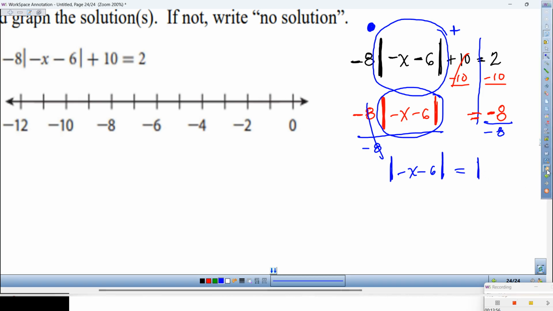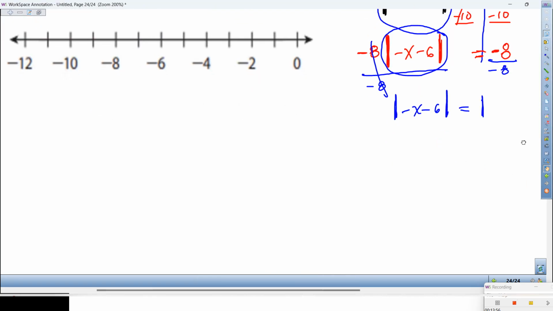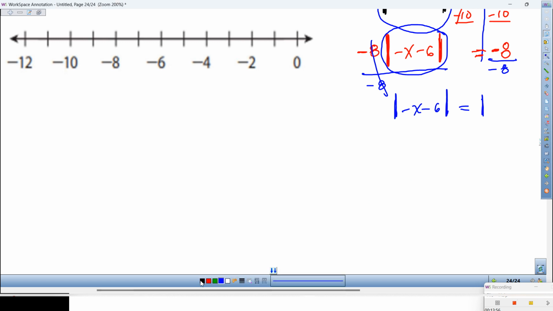All right? So now that we have the absolute value by itself, at this point, we're going to make two equations. One for the negative and one for the positive. In case you forgot, absolute value means the distance between two numbers, but in this case between a number and 0.